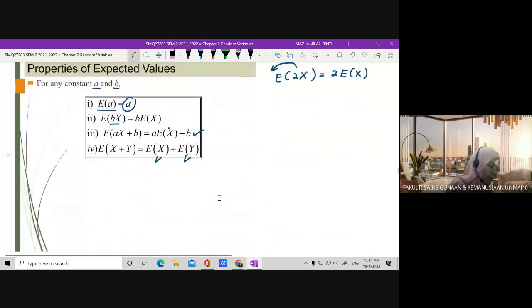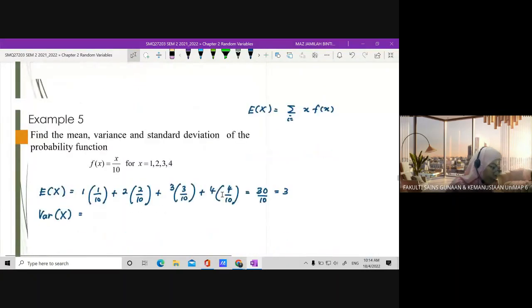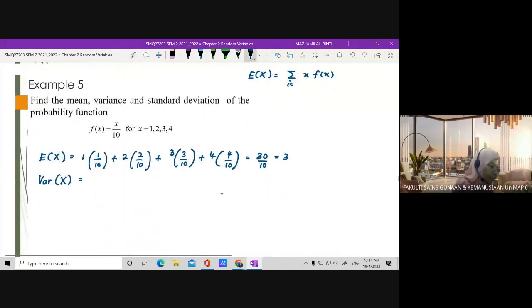So now you have got your expected value of x. You need to find expected value of x squared, right?